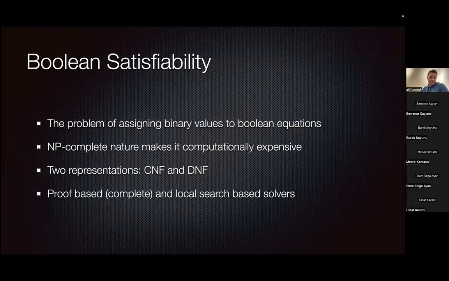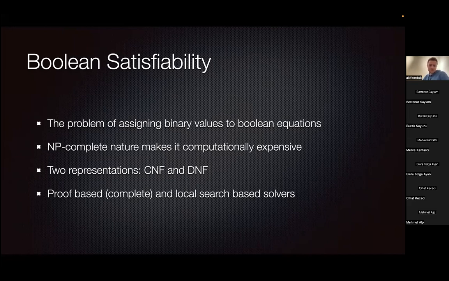This one is most of the time used in the industry because industry needs a complete algorithm and proof of unsatisfiability so that they can change what was wrong in the initial equation. So they can change their design or problem to make it satisfiable.